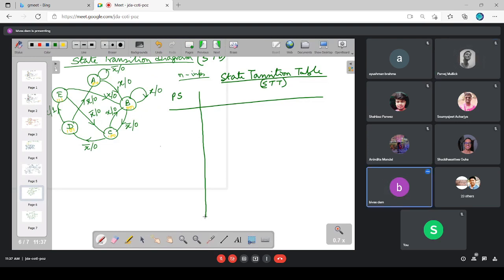So it is the memory block which stores the present state information. কত বিটের state code আমার এখানে? 3 বিটের, 3 bits. So I require 3 state bits, and for storing one particular bit, how many memory elements are required? Only 1. So to store 3 bits, how many memory elements would be required? 3.